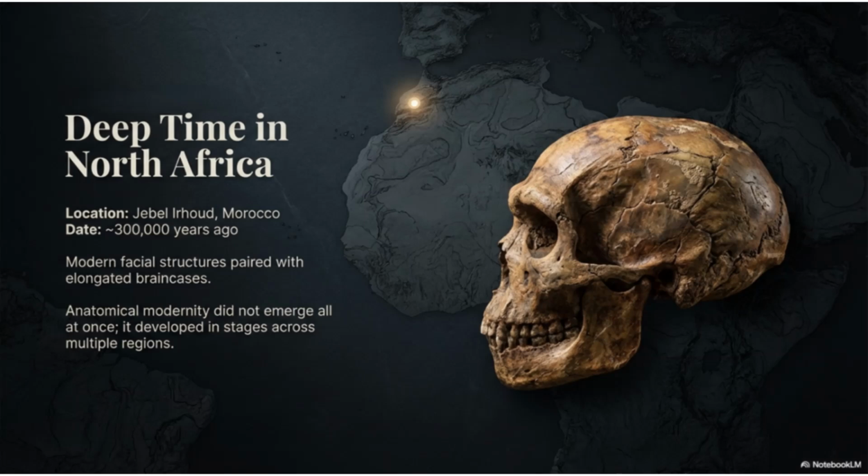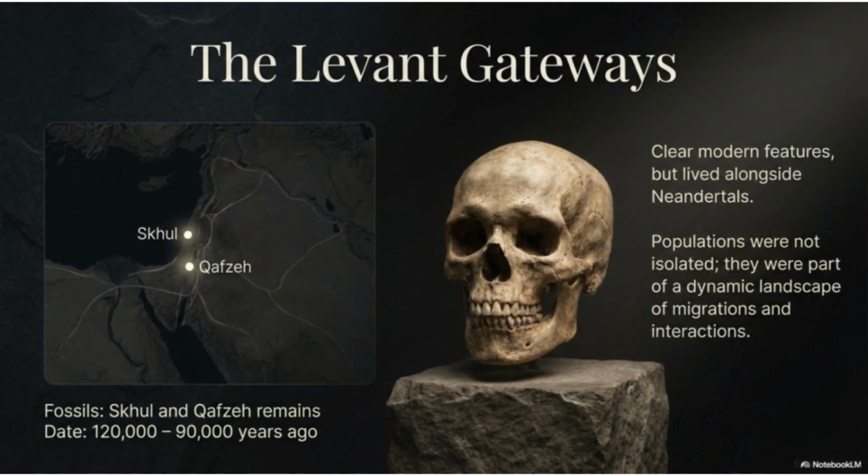Instead, it developed in stages, and likely in multiple regions within Africa. As humans began moving out of Africa, their fossils start appearing in the Levant. The Skhul and Qafzeh remains, dating roughly between 120,000 and 90,000 years ago, show clear modern features, but they also lived alongside Neanderthals.